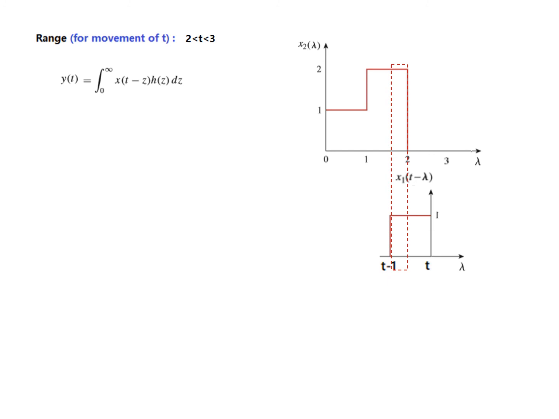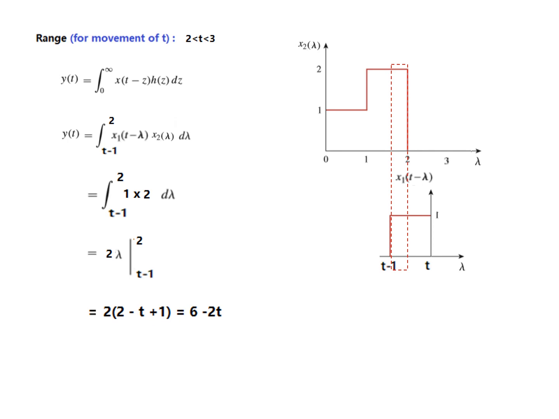Not clear from here, so we'll take this 2. So t minus 1 to 2, the two signals putting in their values, 1 from here and 2 from here. And then the integral comes to lambda, and plugging in the values of 2 and t minus 1, we get the answer 6 minus 2t.